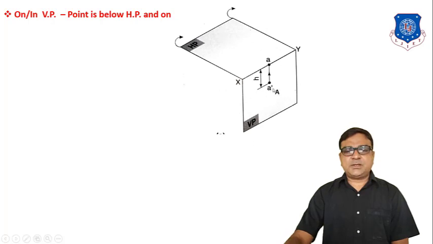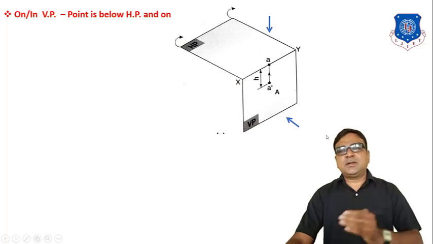this is my point A, which is on VP and below HP. When you observe the front view, the projection of capital A on the vertical plane is A dash, and for the top view, the projection of A on the horizontal plane is small a.